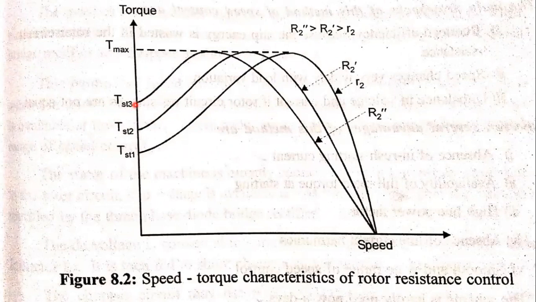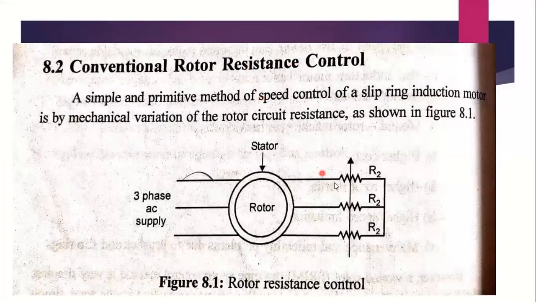Understood? At the time of starting, more starting torque is required. Am I right or not? At the time of starting of the induction machine, the starting torque must be more. So what do we have to do? We have to place a high value of resistance into the rotor circuit.